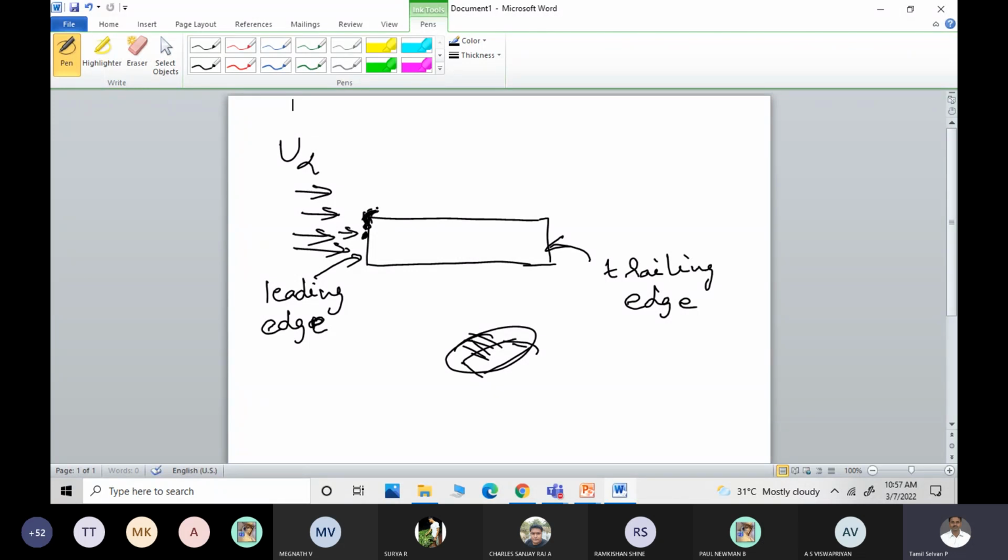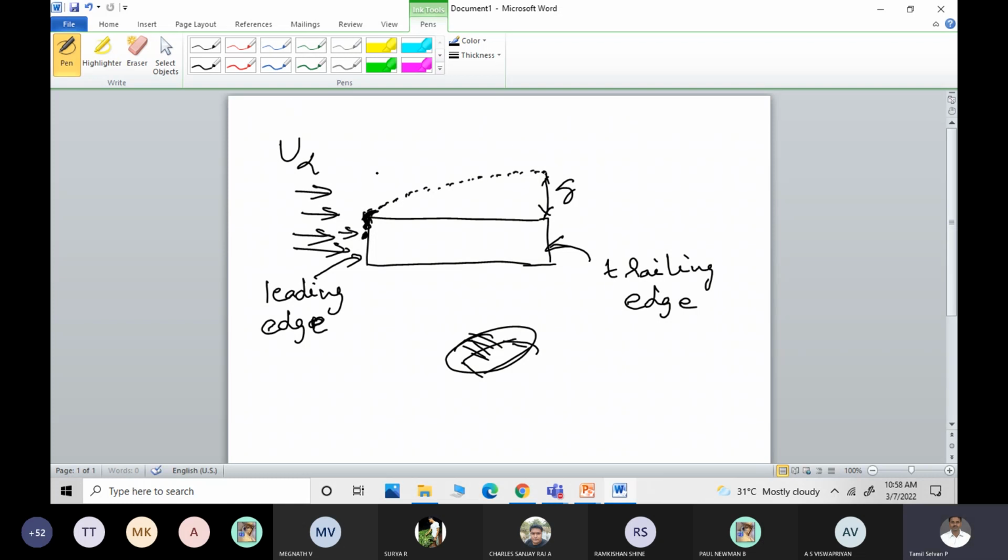So generally we will be seeing a small boundary layer which gets formed from the leading edge up to the trailing edge. The maximum thickness of the boundary layer we will be seeing at the trailing edge, and usually it is given by delta.